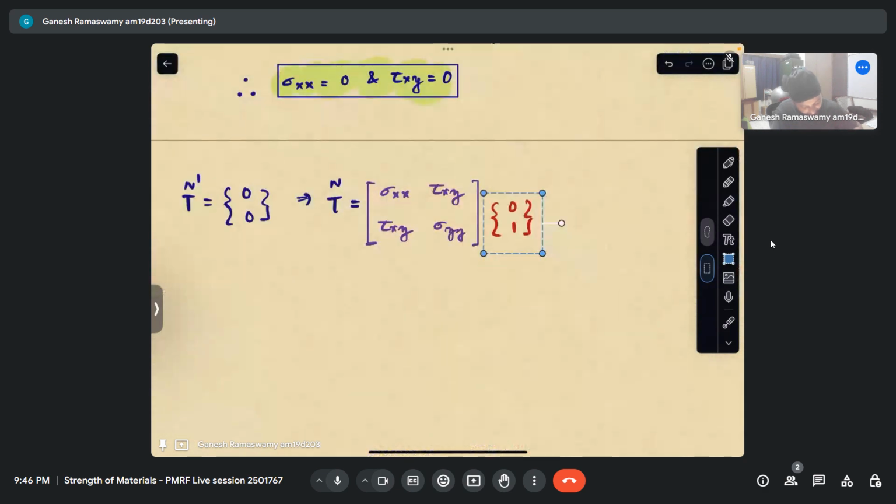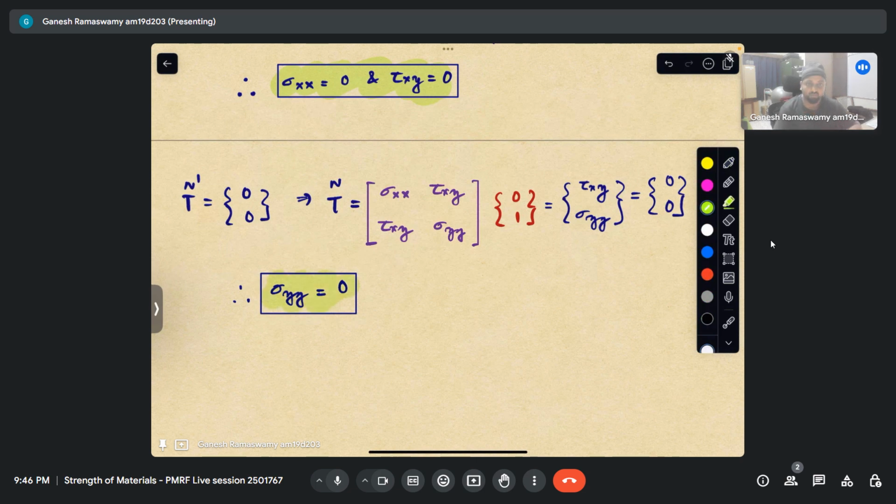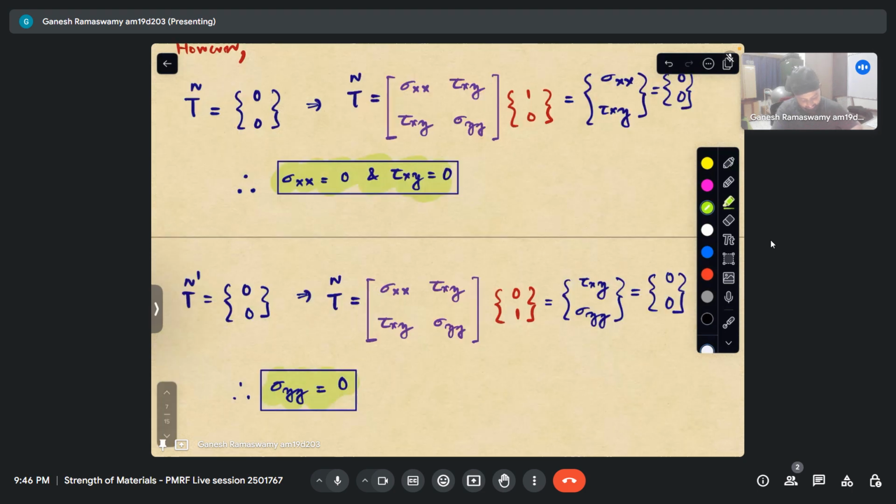Let me take that here, which gives me tau xy and sigma yy, and this is actually equal to 0. So therefore, this gives us additionally sigma yy equal to 0, because tau xy equal to 0 we have already derived previously. It's a known result, and it is consistent with what we have seen here.